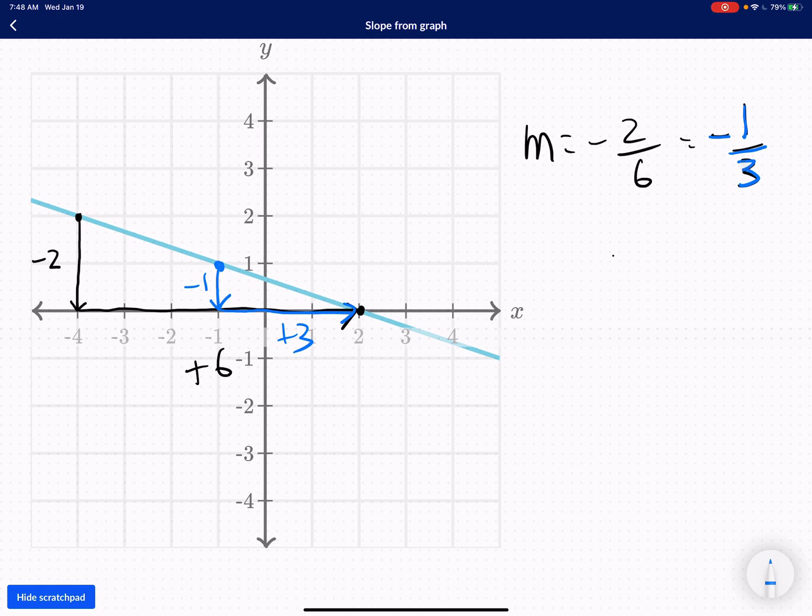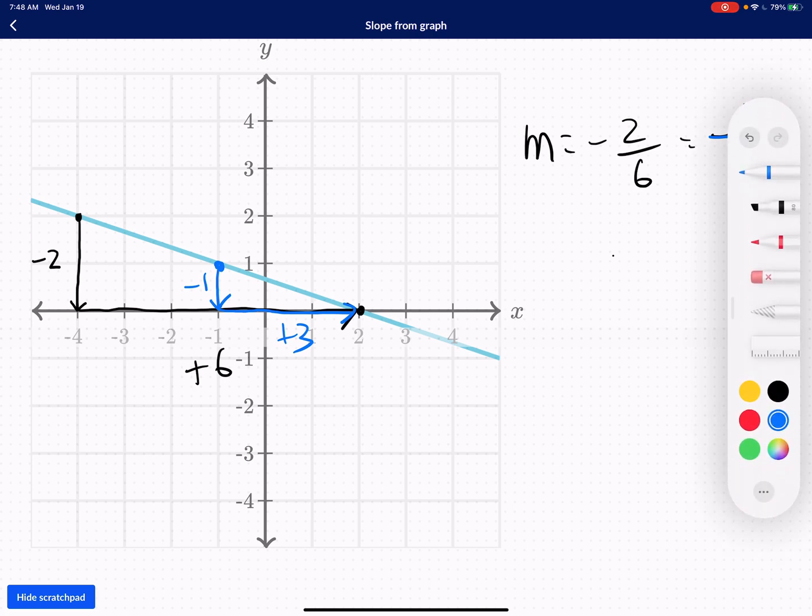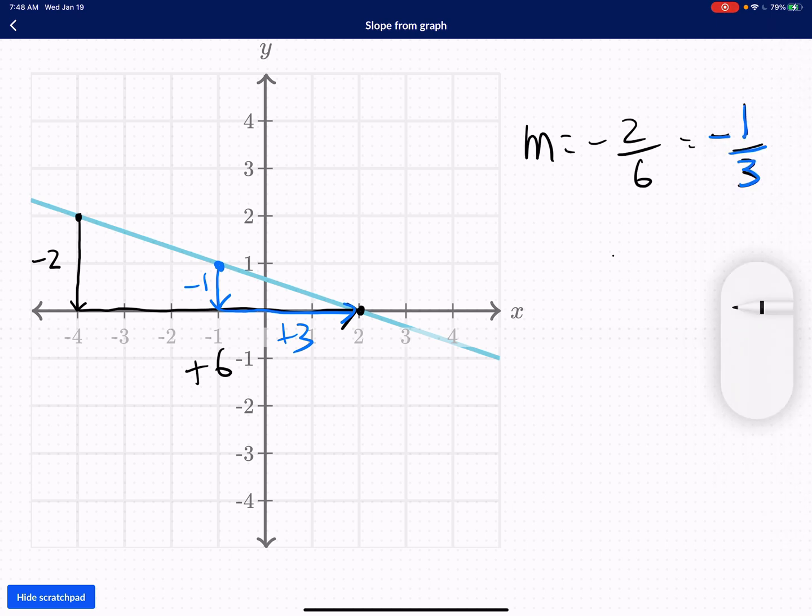And also one thing that I do want to show you guys is this. When you see m, m is equal to -2 over +6, right? I'm going to erase the blue real quick just to make things a little bit cleaner here.